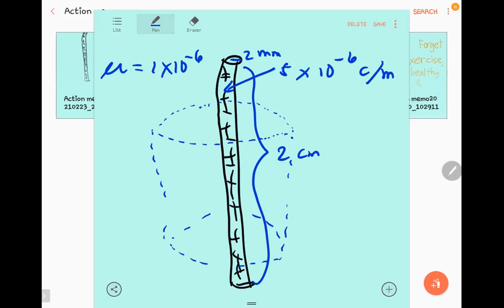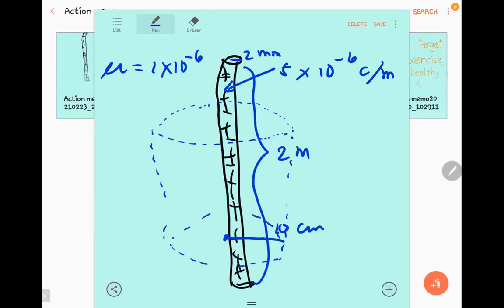And we have the radius of our cylinder, which is 10 centimeters. This one is meters.